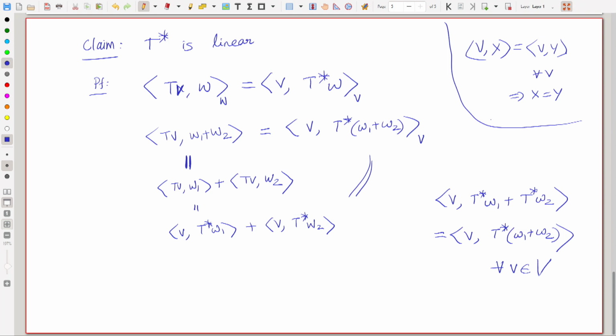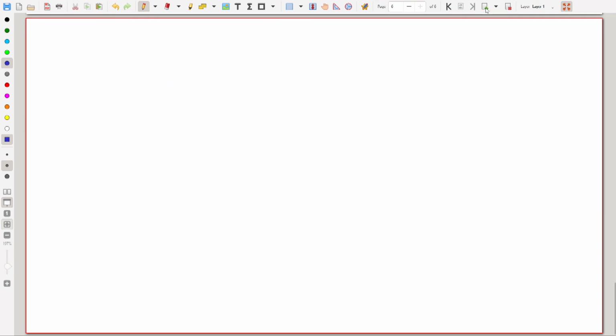You take ⟨v, x − y⟩ is 0 and then put v equals x − y, and that will tell you that this is 0. So that's basically the proof, that finally shows that T*w1 plus T*w2 is T* of w1 plus w2, and likewise you can show it for scalar multiplication also. So this is the abstract definition of the adjoint.